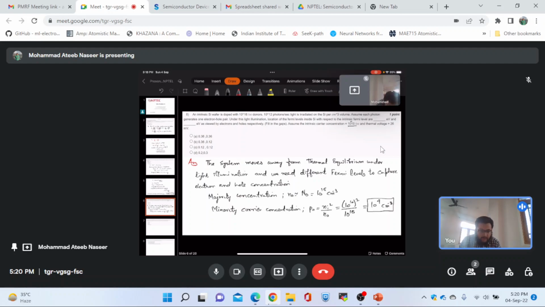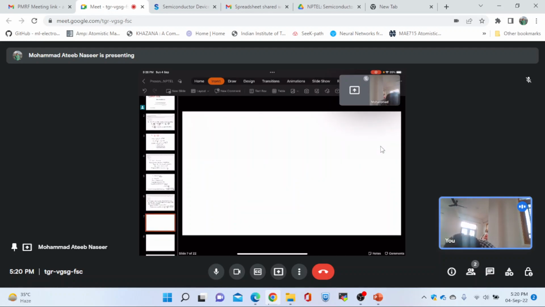Now let's find the Fermi levels in case of thermal equilibrium. So let us find the position of Fermi level at thermal equilibrium. We will write the quasi-Fermi level for n-type as EFN.